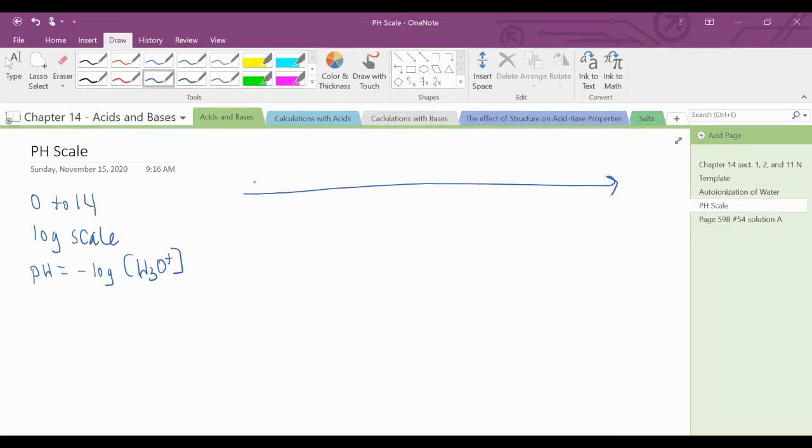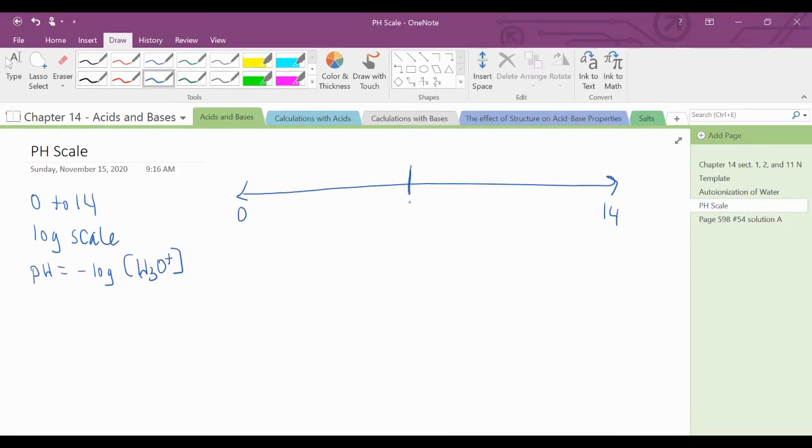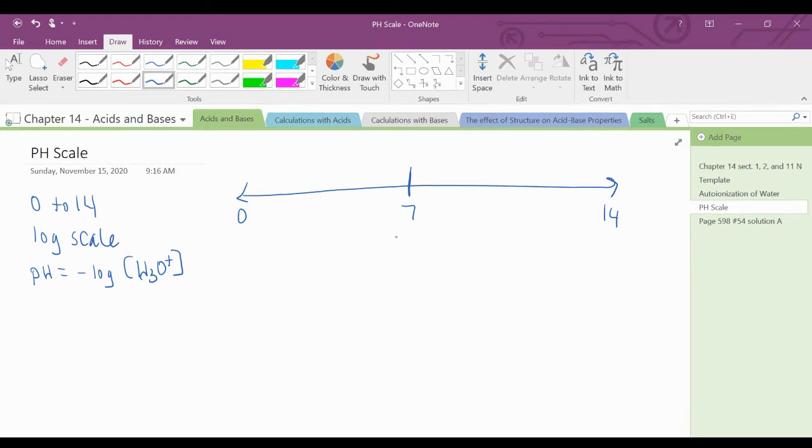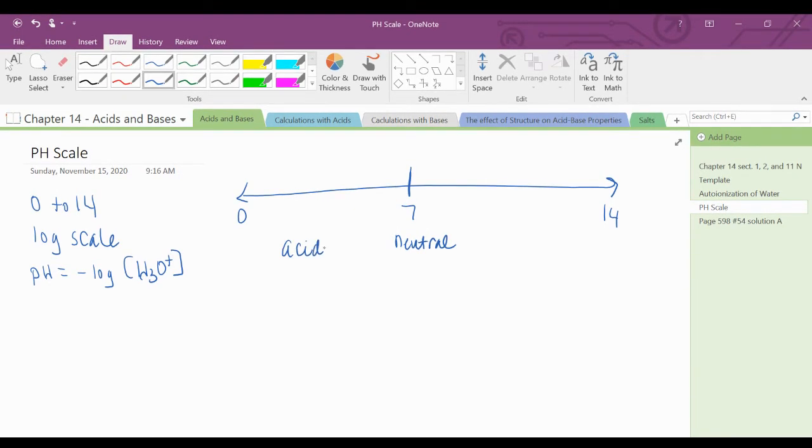Okay, so if this is my line, this is 0, this is 14, halfway would be 7. So we should know that if I have a pH of 7, this is neutral. If I have anything less than 7, it is acidic.